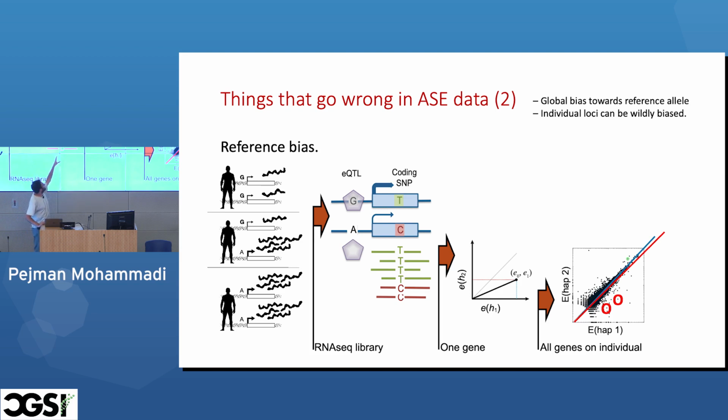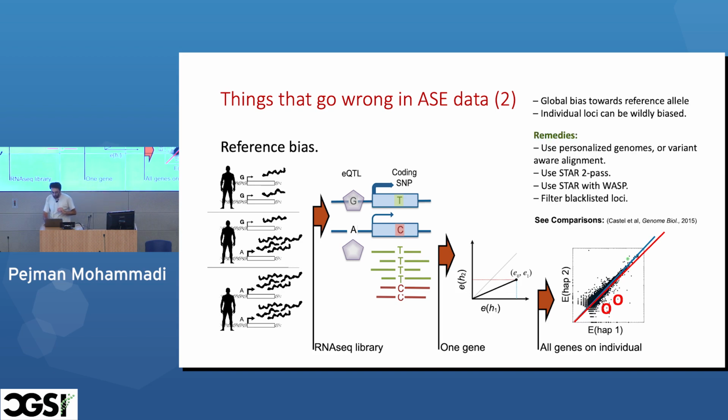As a result, your alternative allele is always less likely to align somewhere. You could mitigate it, but it's there. Another thing that can go horribly wrong is that sometimes one single variant can cause your read to align to 20 other parts of the genome, and its expression just dies out. That's the sort of thing you could see out here. Some things go wildly out there, and overall your distribution is dipping down a little.